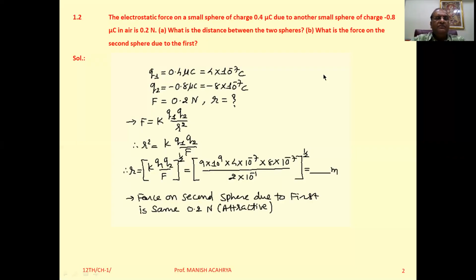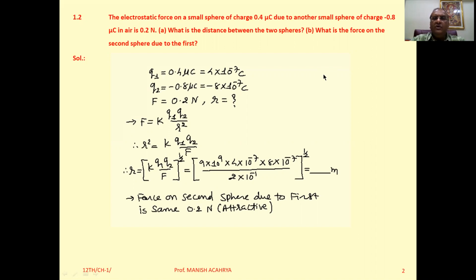Now example 1.2. The electrostatic force on a small sphere of charge 0.4 microcoulomb due to another small sphere of charge minus 0.8 microcoulomb in air is 0.2 Newton. A. What is the distance between the two spheres? B. What is the force on the second sphere due to the first one?